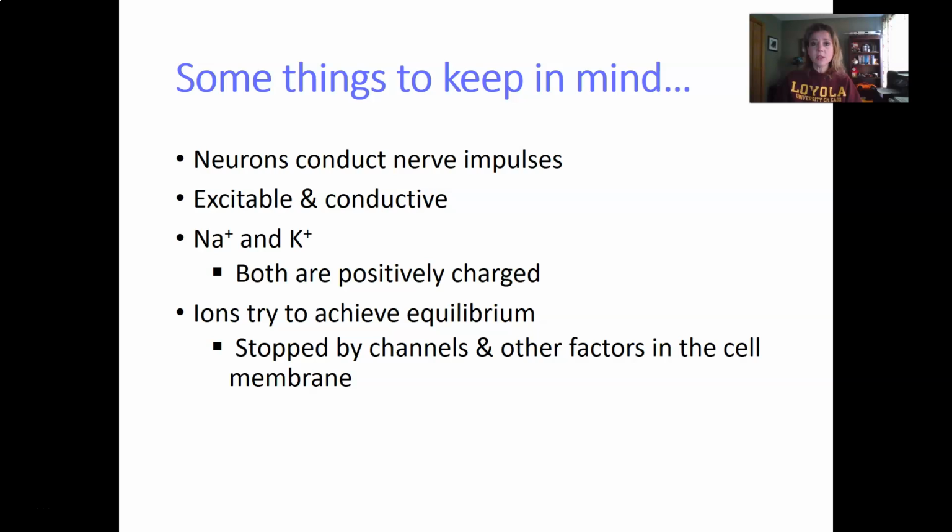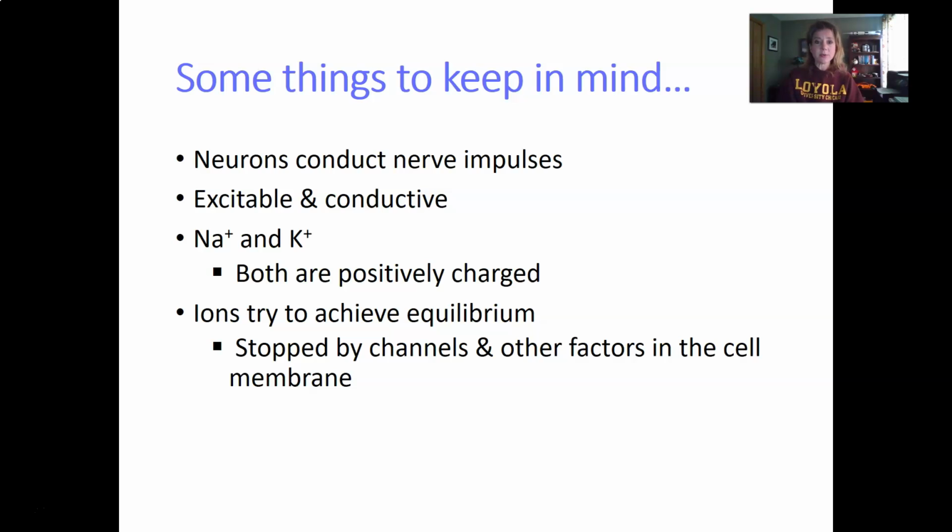Neurons are excitable and conductive, which basically means that they can be stimulated to open channels and to change the ions that are found inside and outside of their cell membrane. But they're also conductive, and these signals, these changes, can spread throughout their cell membrane if they are strong enough.